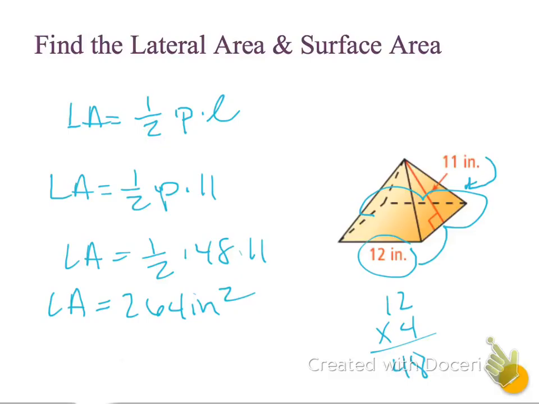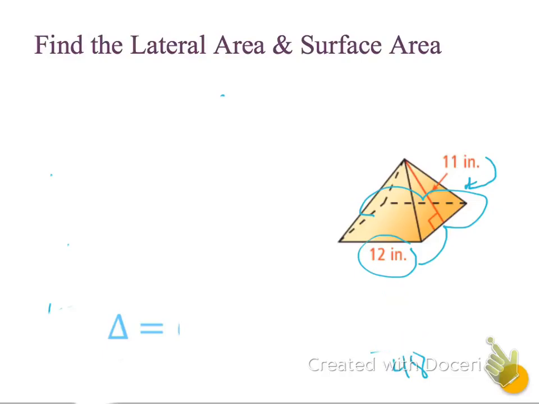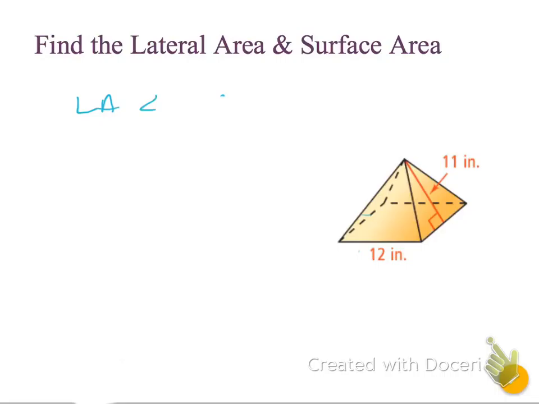Okay, so on top of that, I need to now find the surface area. So I'm going to write the lateral area that we found at the top, so 264 inches squared. The surface area, all you do is take your lateral area and add the area of your base.